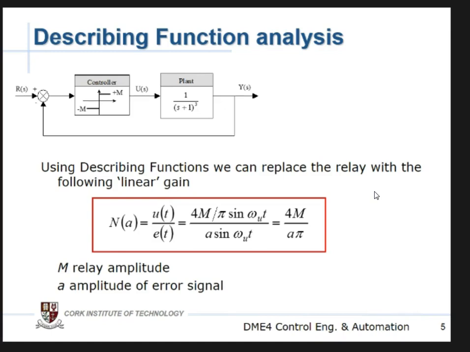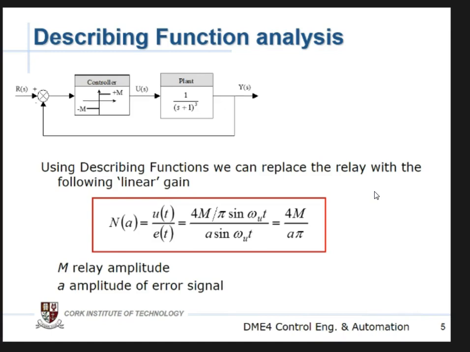One of the common questions that was made is about y of s, and so does it matter in this case whether it's the amplitude of the error or the amplitude of y? No. Why? R of s is 0. So my error signal, E of t or E of s, it doesn't really matter, is my reference minus my output y of t. We were told in the question that r of t is equal to 0. So therefore E of t is going to be equal to minus y of t.